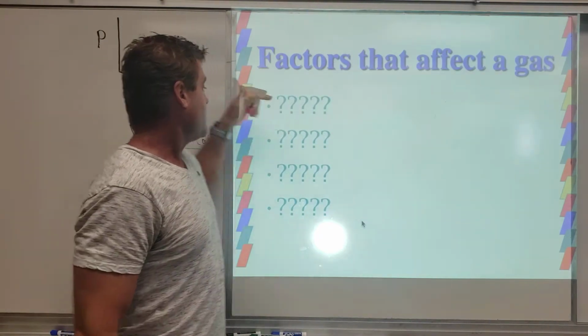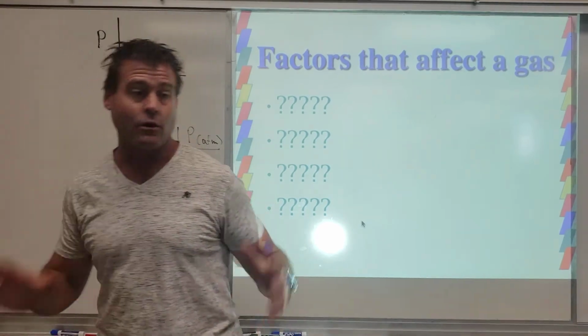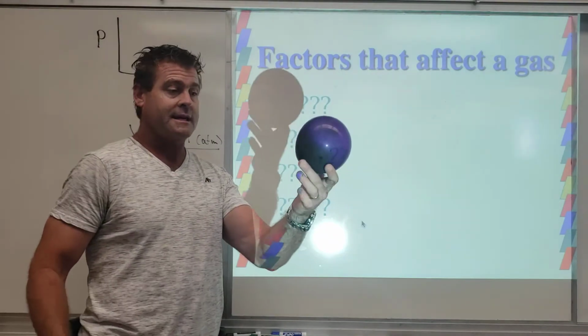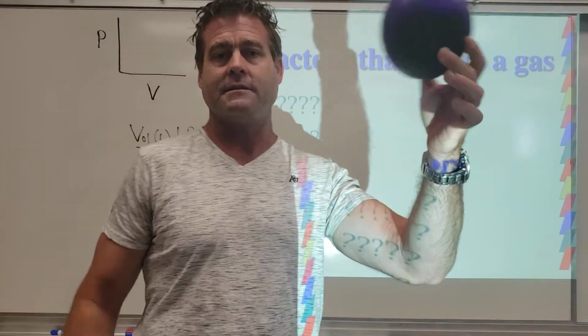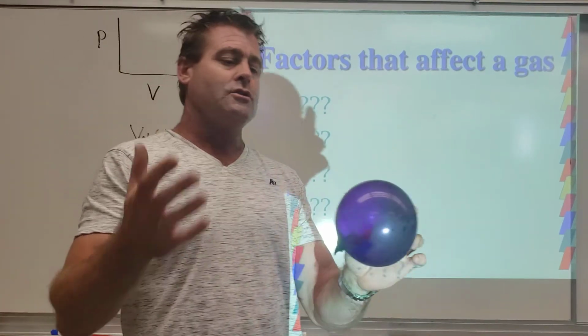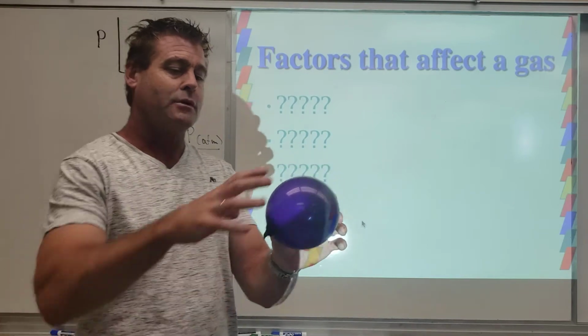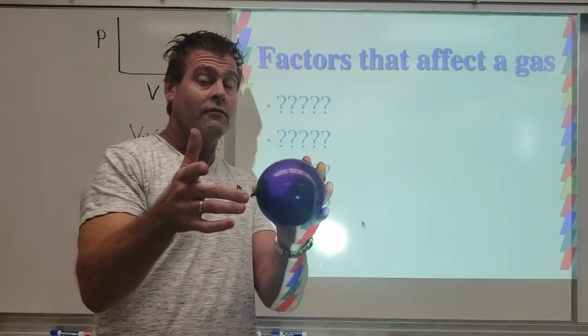As you can probably see here, we're going to talk about 4 factors that can affect a gas. Throughout this whole unit, when you think of a gas, just think about a sample of gas like in a balloon. You know there's gas in there, it's just air. What could you use to describe the air or gas inside that balloon? You could talk about its volume.